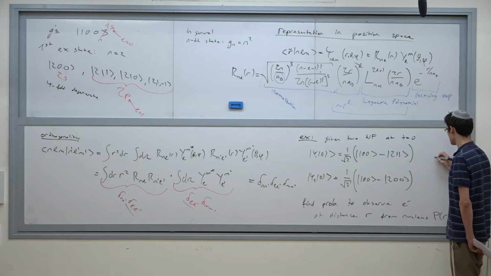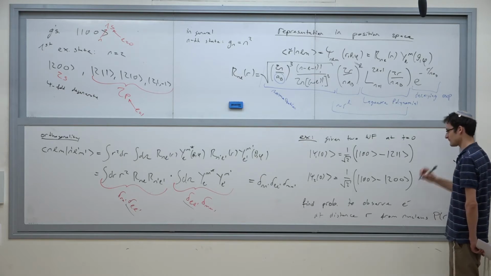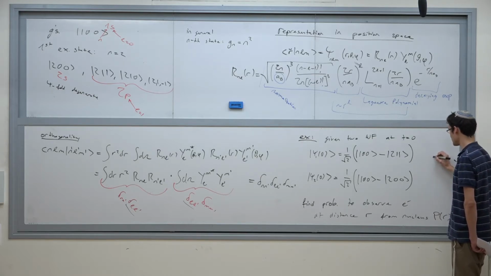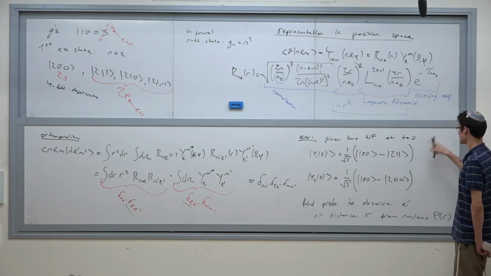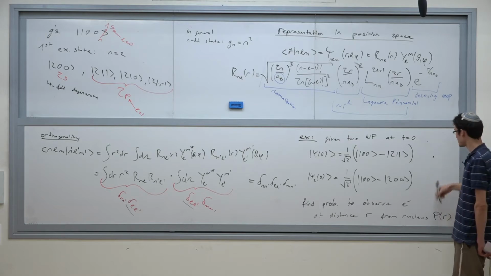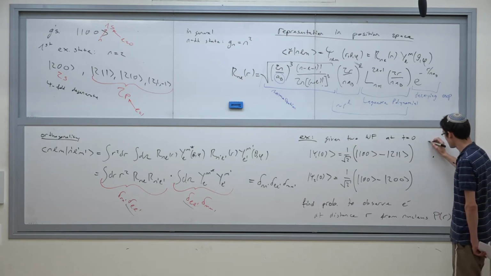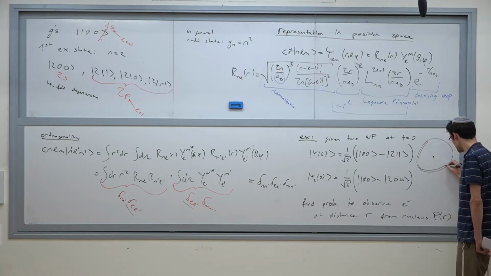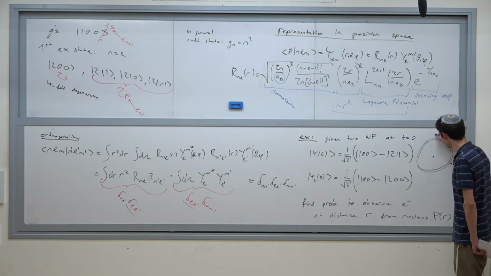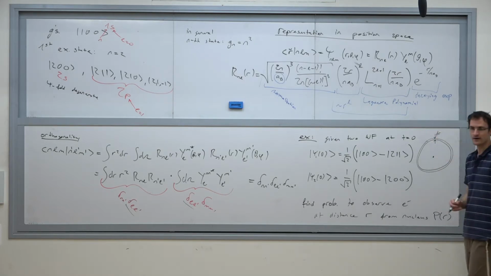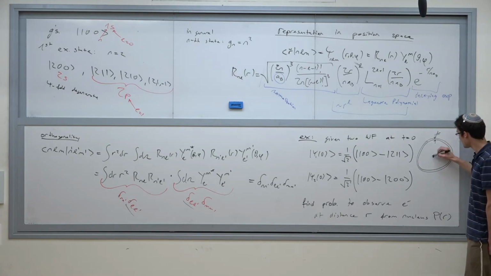So as I said, the atom is the nucleus, right, the proton, and then there's this electron which is somewhere surrounding it. So when I'm asking about the distance, because it's a spherical problem, I'm asking what is the probability to find the electron inside a spherical shell of width dr. Right, this is the distance r.